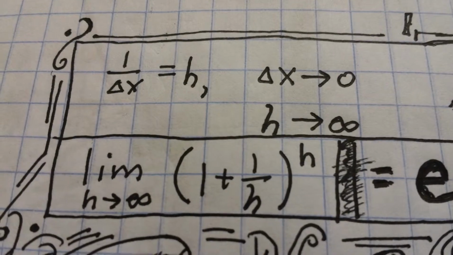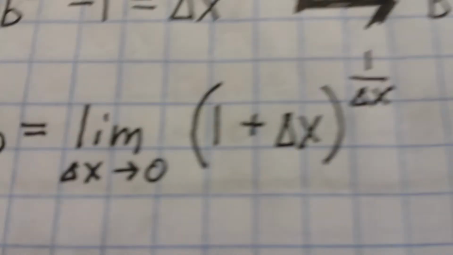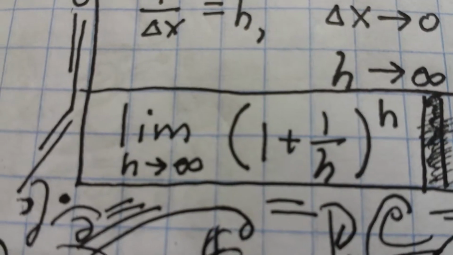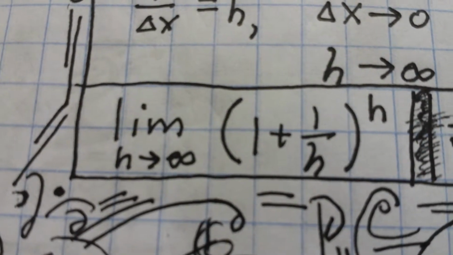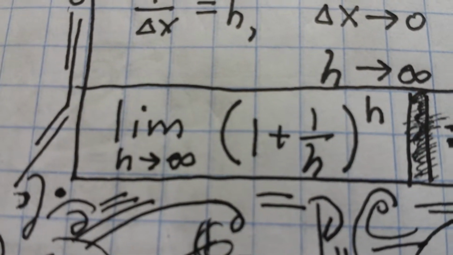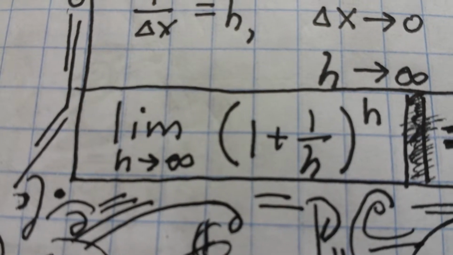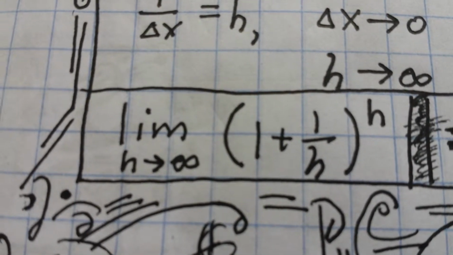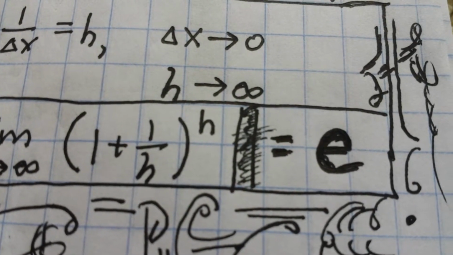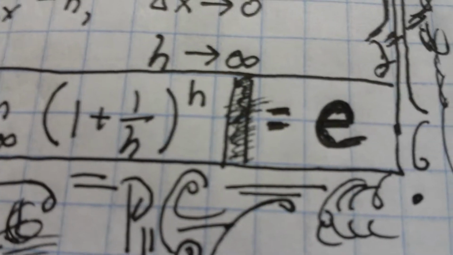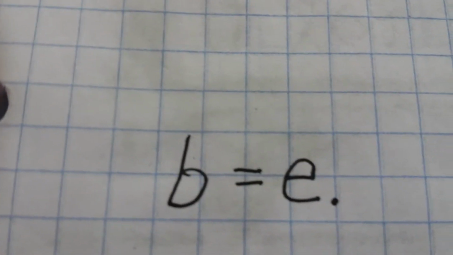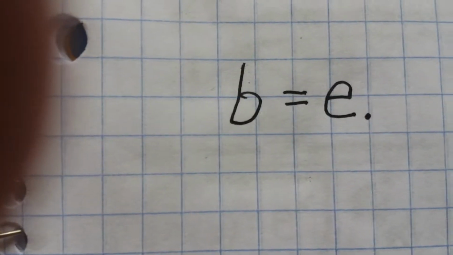If that's the case, then we can rewrite this expression this way and find 1 plus 1 over h to the power of h as h goes to infinity. Well, we know that that's actually equal to e. And so b equals e.